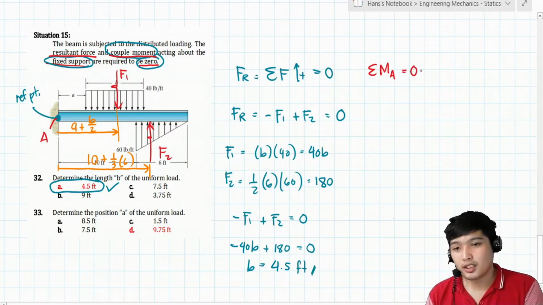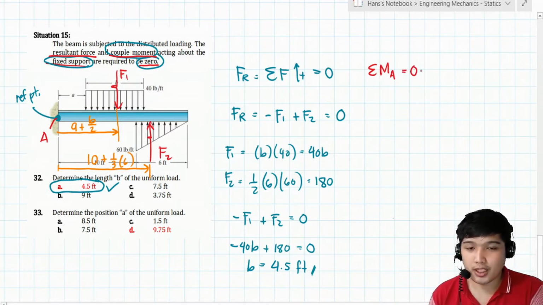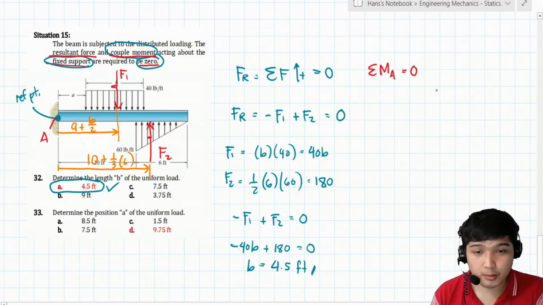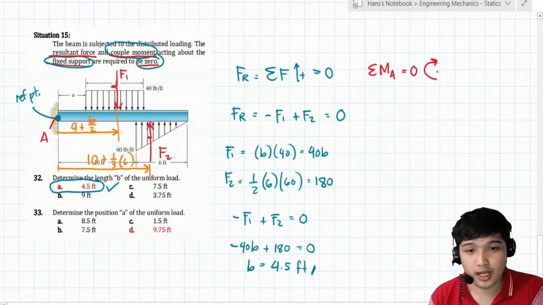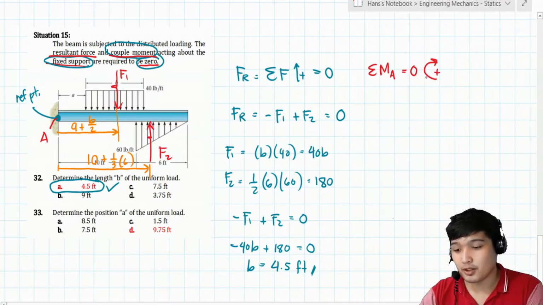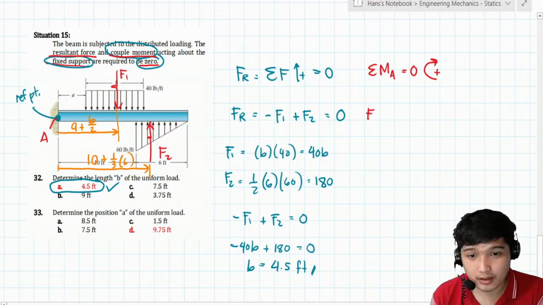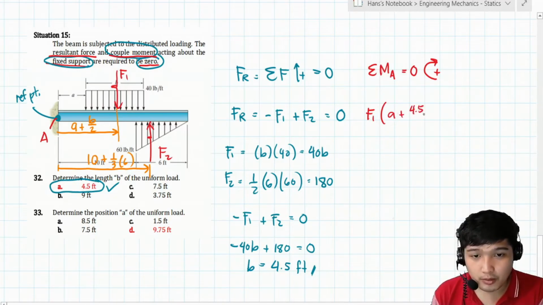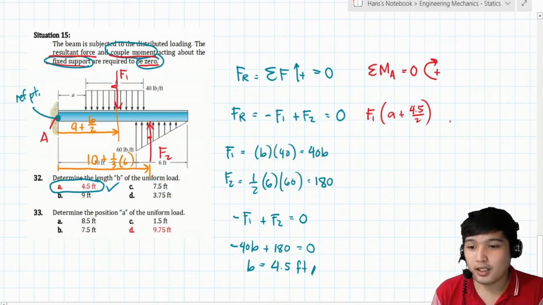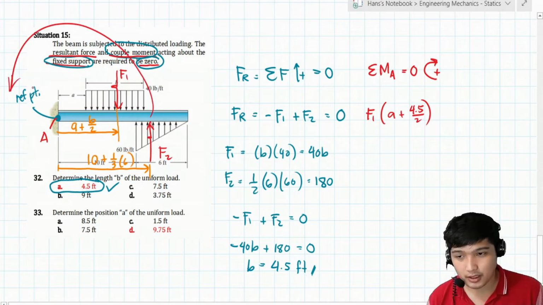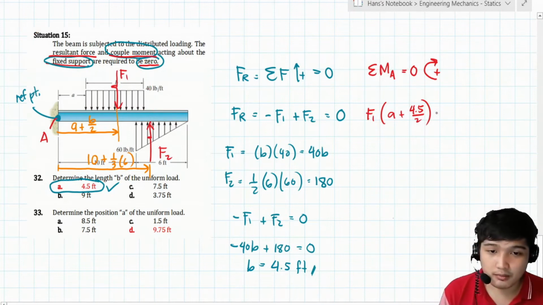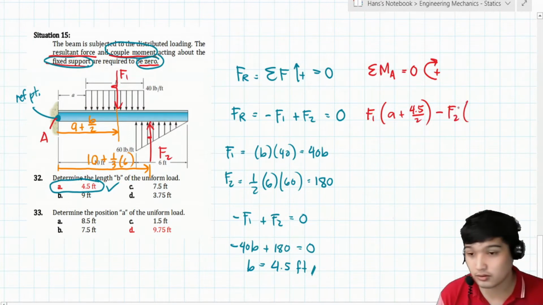So, in this case, use na lang din natin yung conventional direction for positive moment. So, let's consider clockwise moments positive. Okay? So, ang magka-clockwise moment dyan is F1. So, that is F1 times the moment arm na A plus B over 2, where yung B is 4.5. Okay? And then yung F2, so ang ikot niya, pag ganyan, that is counterclockwise. So, magiging minus F2.